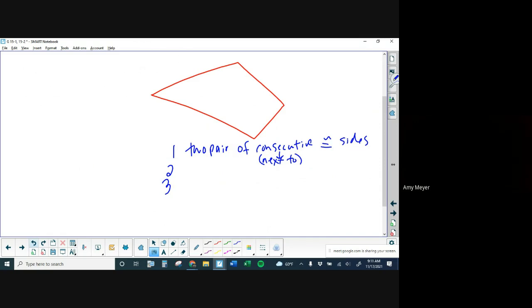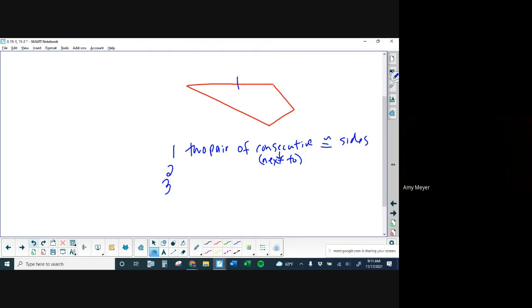Consecutive. Right next to. Let's break down how this looks in our picture. 2 pair of next to each other sides congruent. So here's a side. Okay, so let's mark this side.